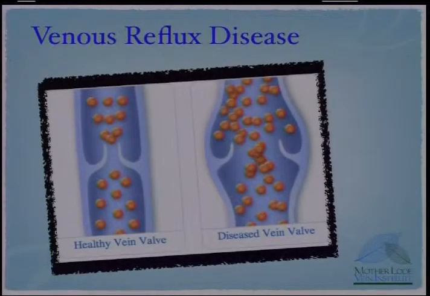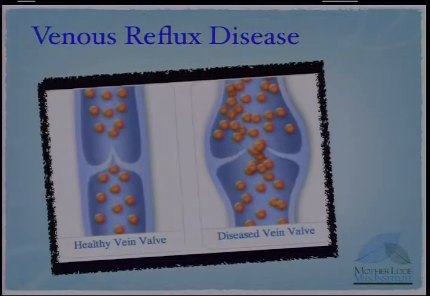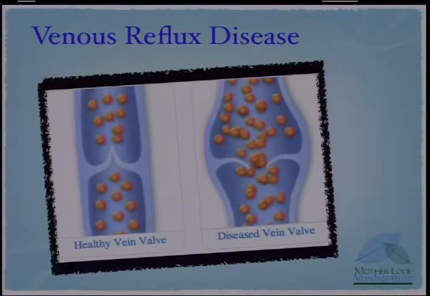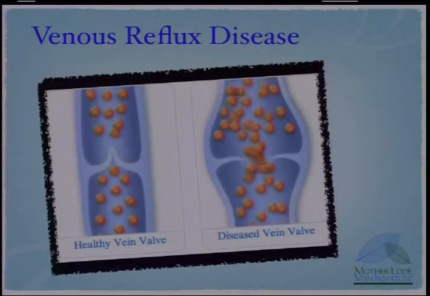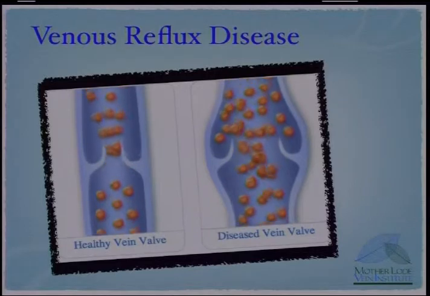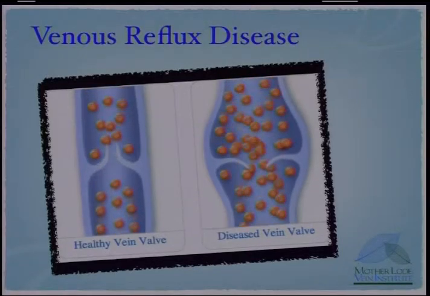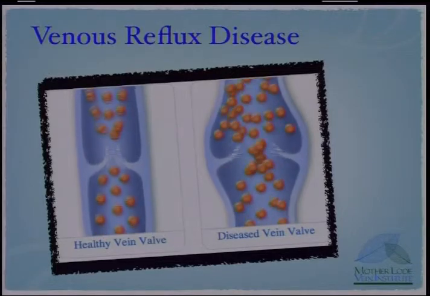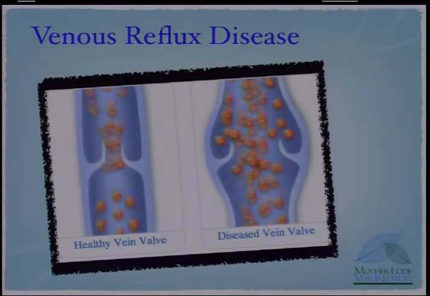Venous reflux is really the most common reason that people have swelling of their legs. As you can see, venous reflux is caused from a defective valve or more than one defective valve in the veins, causing distension of the veins. As it turns out in our bodies, when things are distended, it causes symptoms.